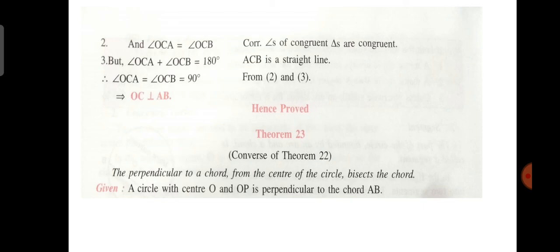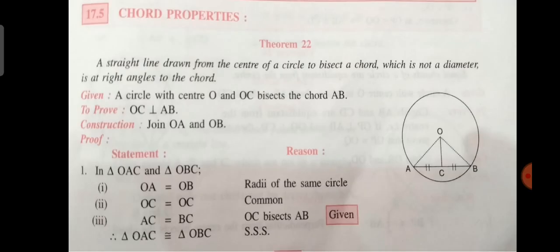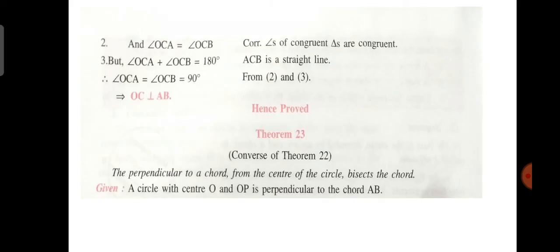So this is the theorem: a straight line drawn from the center of a circle to bisect a chord which is not a diameter is at right angles to the chord. The chord should not be a diameter. The converse of this theorem is also true. That is, the perpendicular to a chord from the center of the circle bisects the chord.